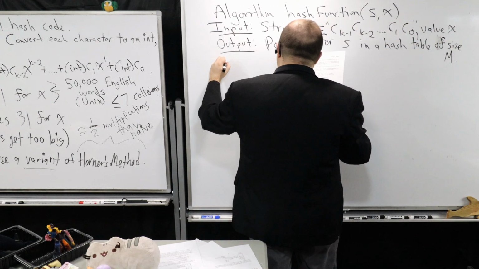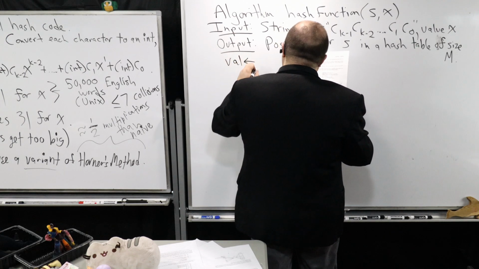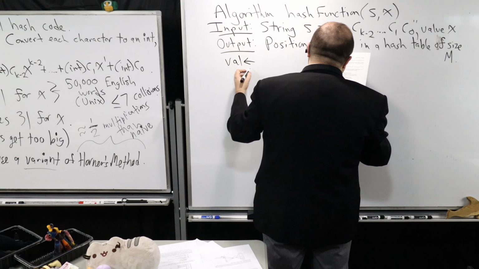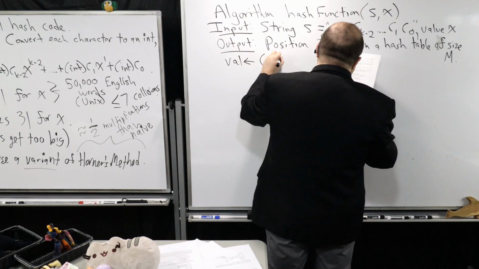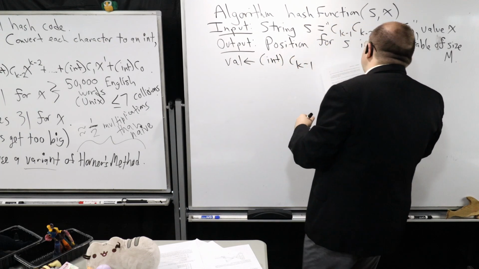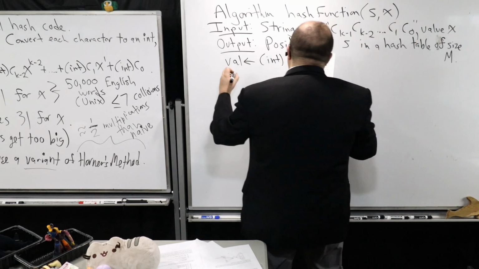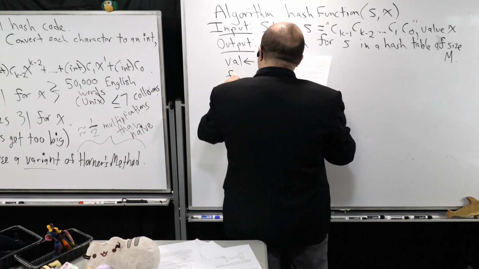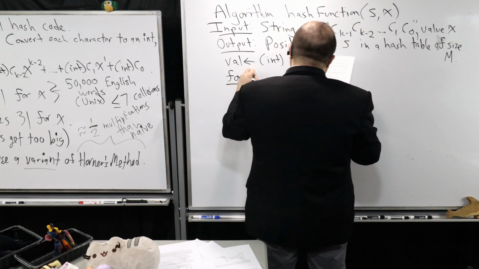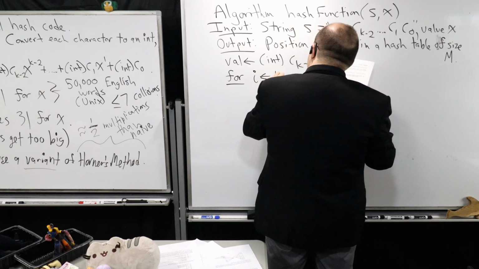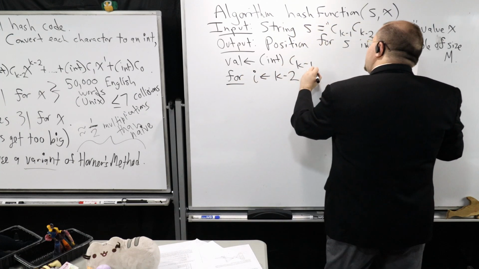So here we go. I'm going to start off by putting an initial value for val. I'm going to cast c_{k-1}, which is the first character, right? Then for i assigned k minus 2, I'm going to go down.